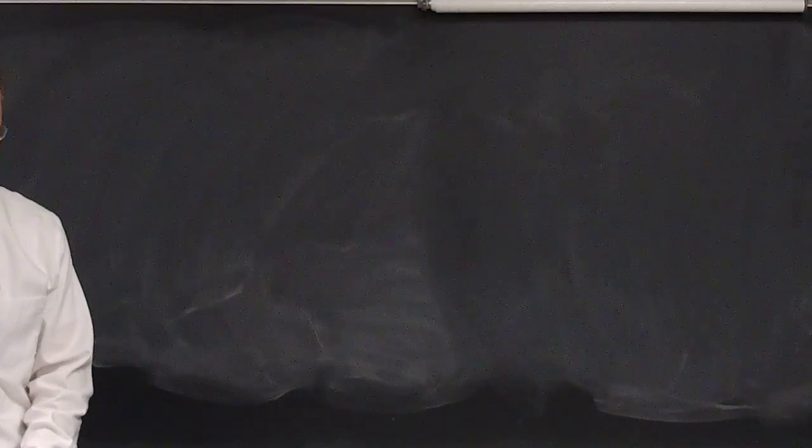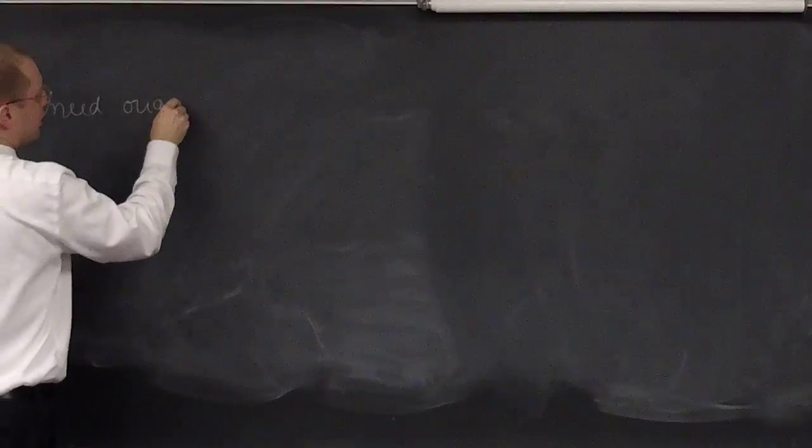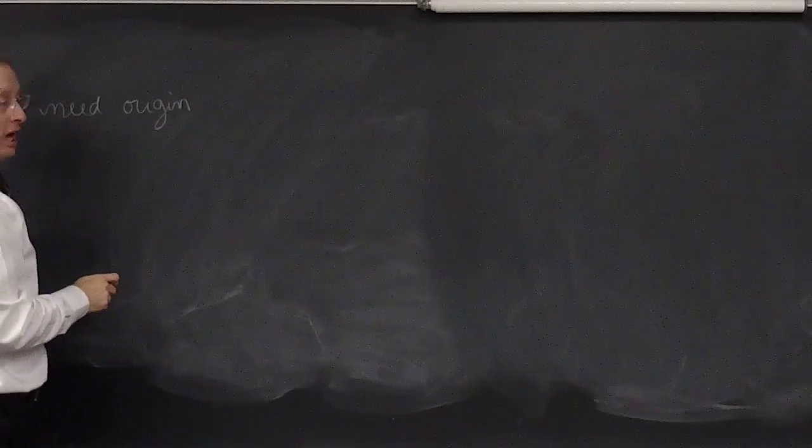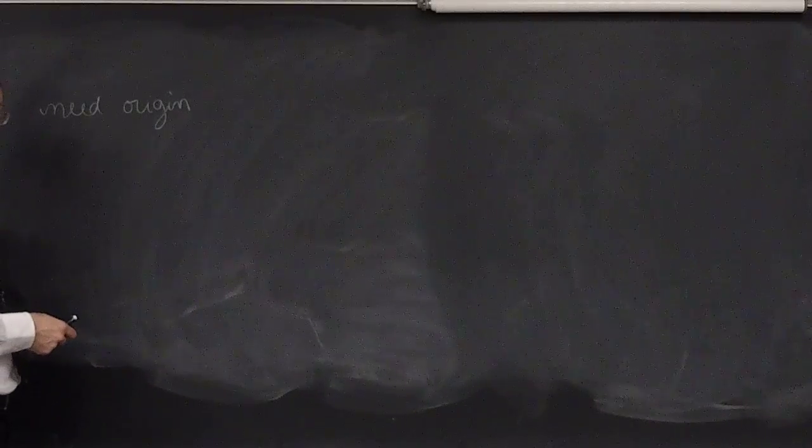All right, so in the equation form, what do I need to know about my hyperbola to get the equation? Your origin. I need the origin. Your focal length? I don't need the focal length for the equation. Okay.